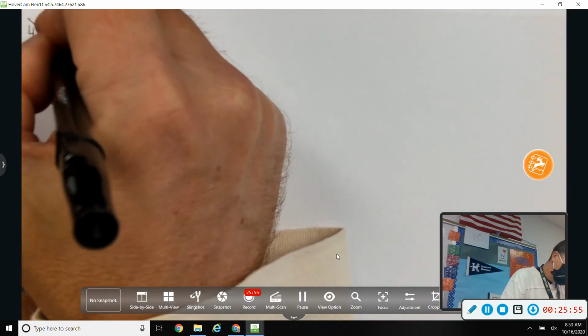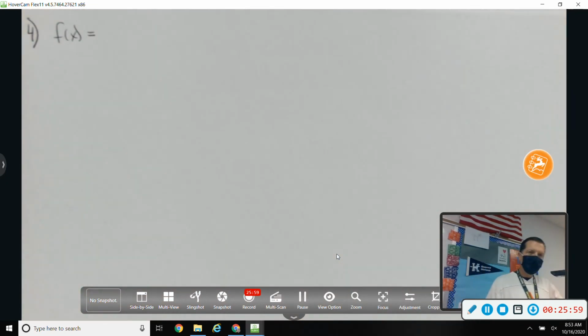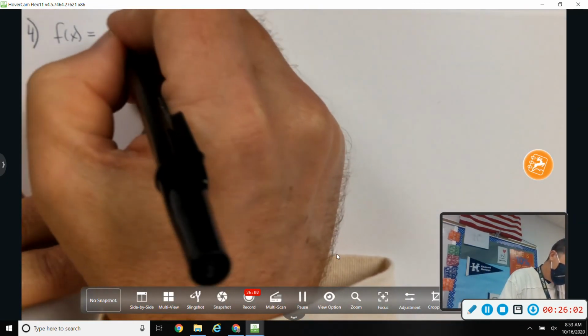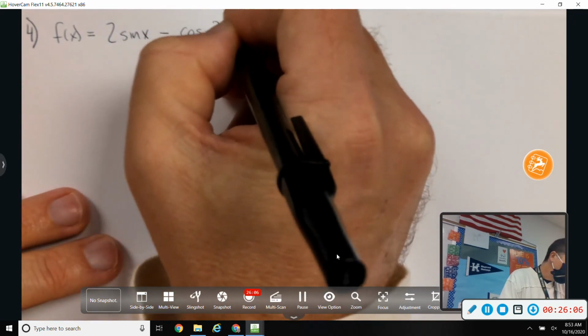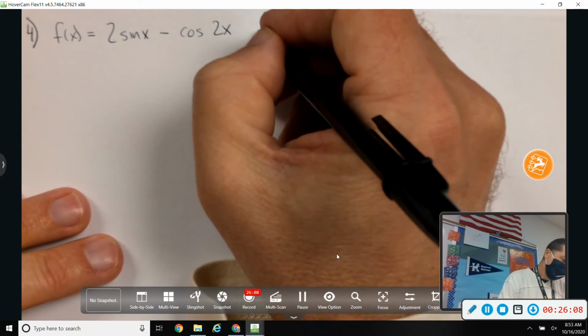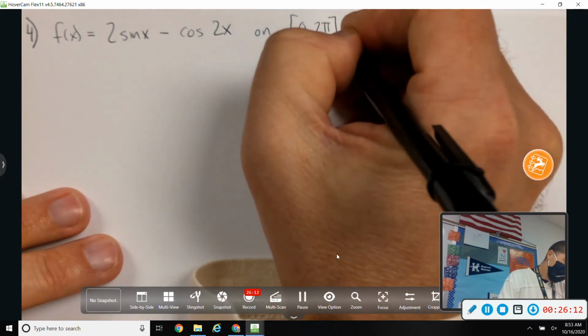All right, this one's more about trig, but we're still trying to find critical numbers for f of x equals 2 sine x minus cosine 2x on 0 to 2 pi.